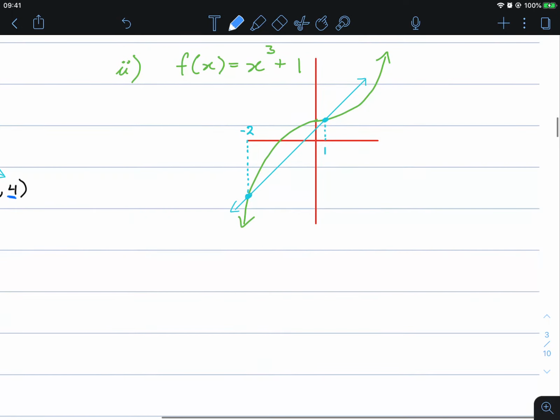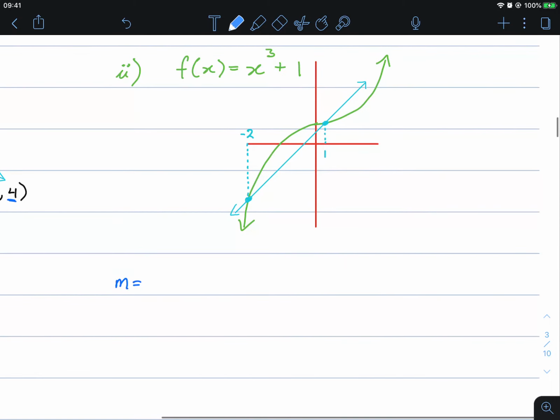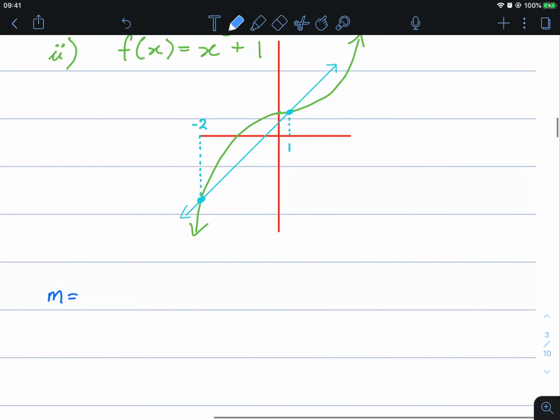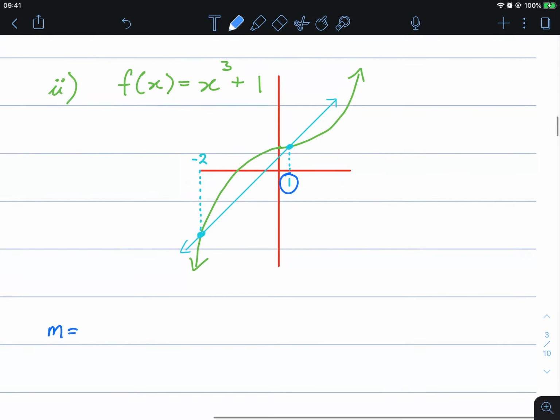For this one here, same deal. Need the gradient, m. These points don't yet have a y value, but we can find them by substituting the x values into the function. So let's let this one be y2, and this y2 value is f of 1.